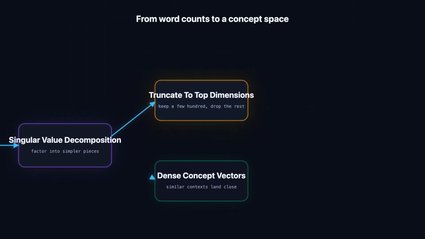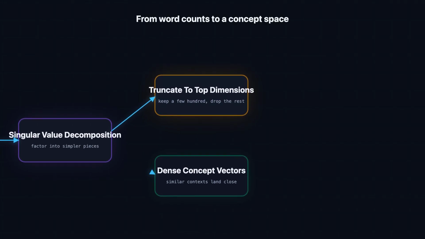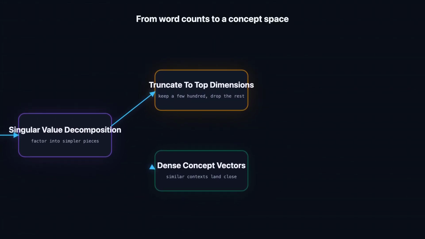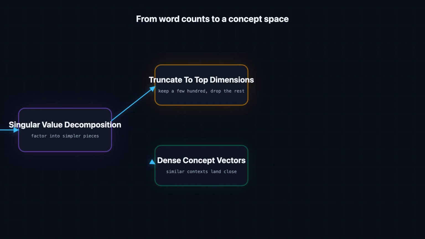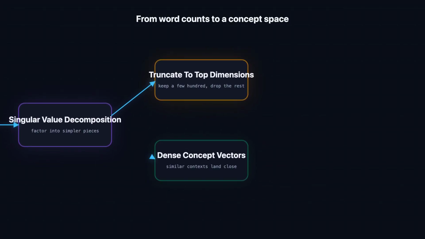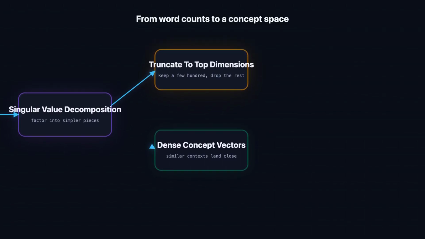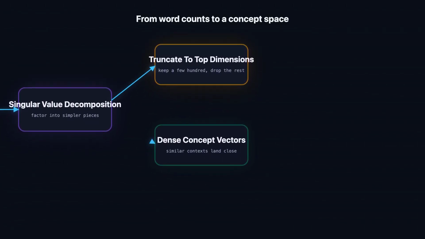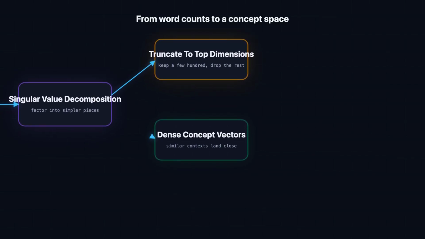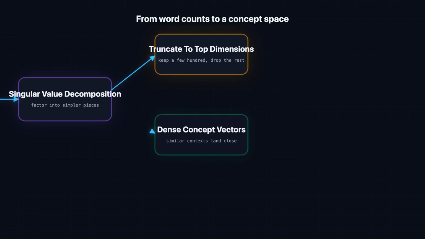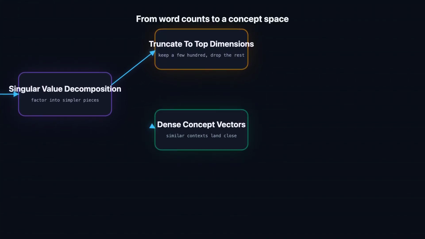We keep only the top few hundred dimensions and drop the rest. This lower dimensional squeeze is the magic step because it merges related words and filters out the noise, leaving the concepts behind the words instead of the surface spellings. Compression, oddly enough, is what creates the meaning here.